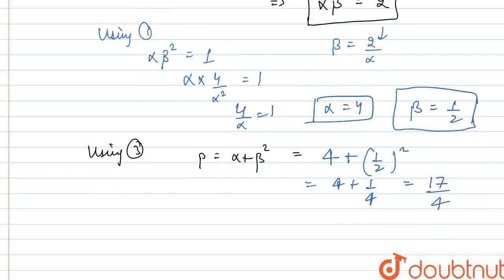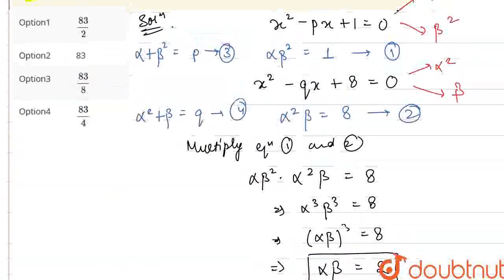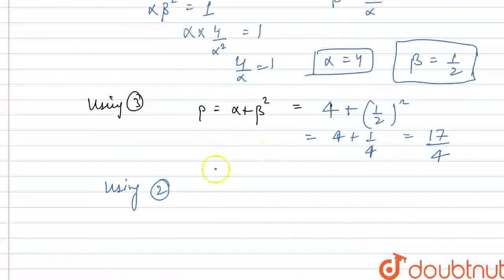Now using the second equation, alpha square beta equals 8, and also we have beta equals 2 by alpha.